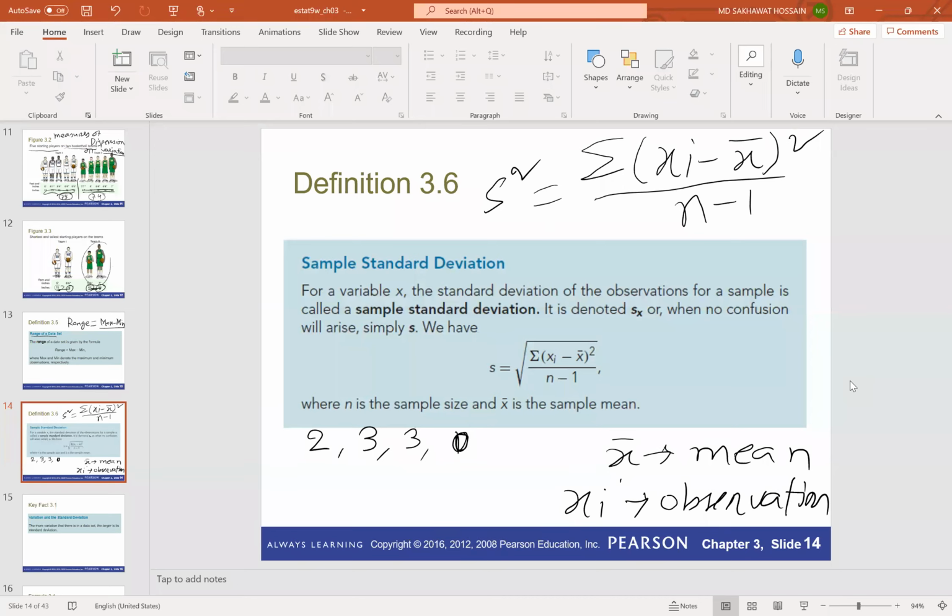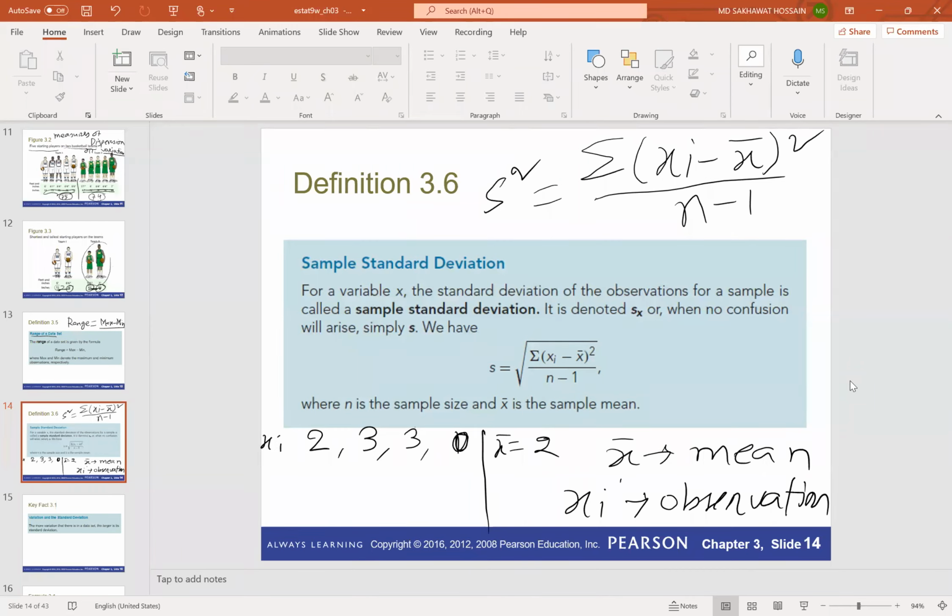Now if you find the average of these four numbers, what will be the average? What is x bar in this case? x bar is 2, right? Now if you take the difference between each observation and the sample mean, then what will be the difference?